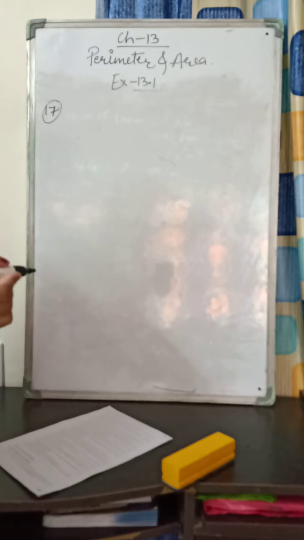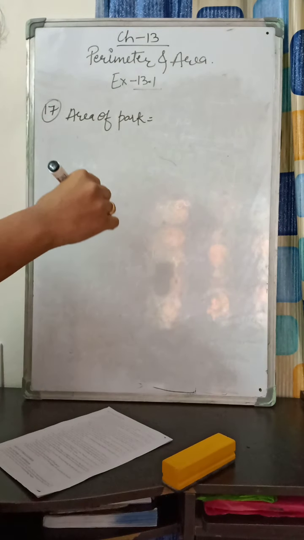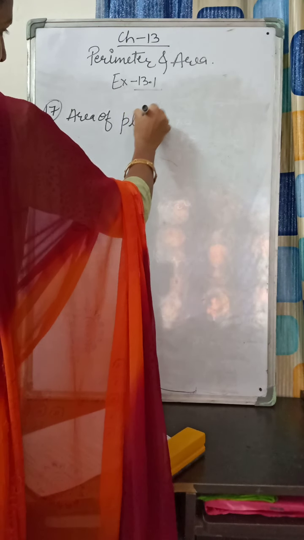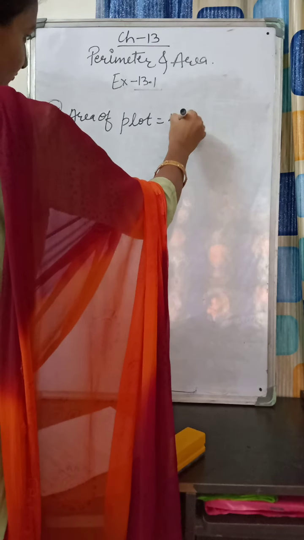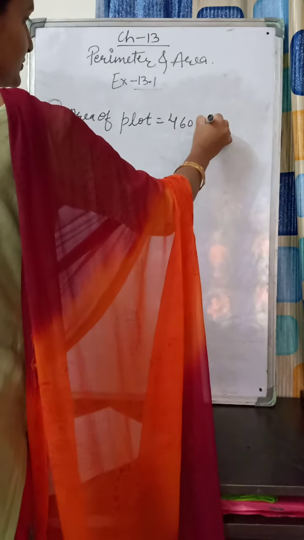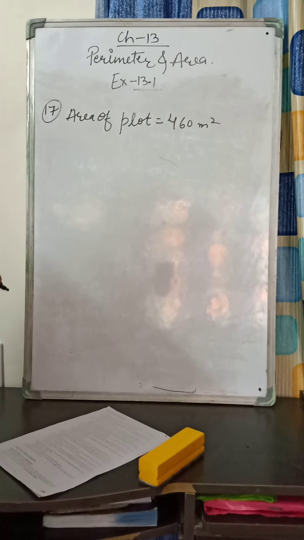In the 17th question, the area of the rectangular plot is given, that is 460 meter square, and it's given that the length is 15% more than its breadth.